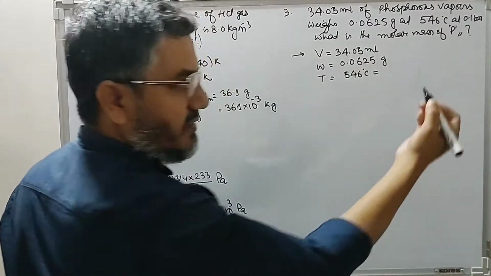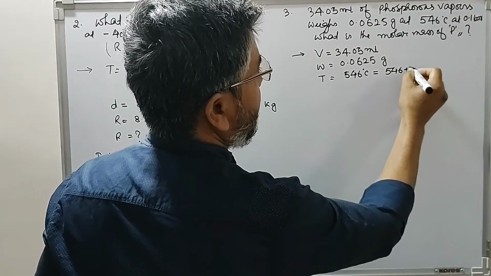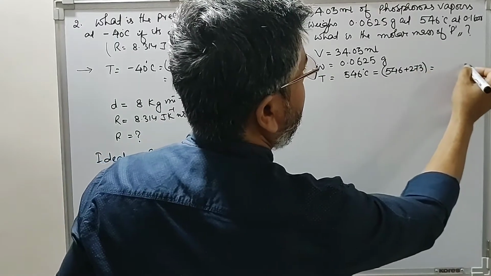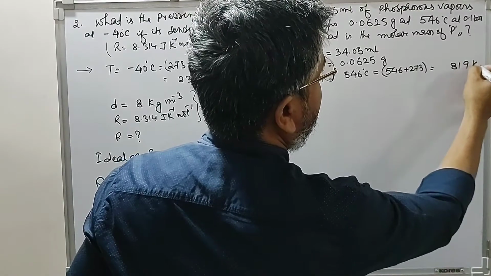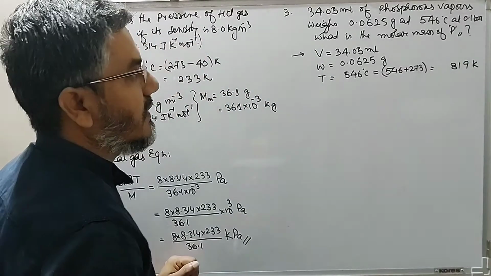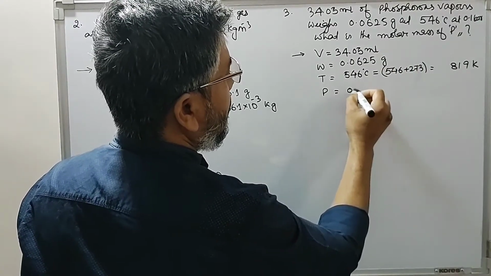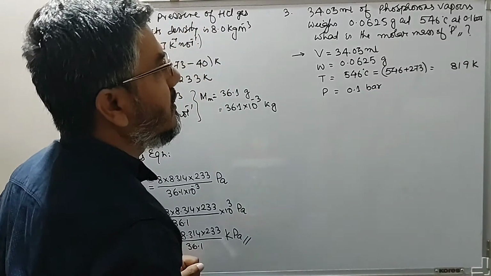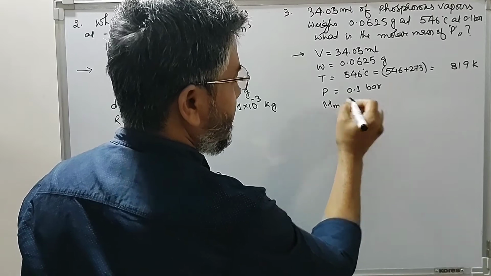So this must be converted into Kelvin. 546 plus 273 Kelvin. So this is 918 Kelvin. Pressure is given as 0.1 bar. Then question says, what is the molecular mass of the gas?